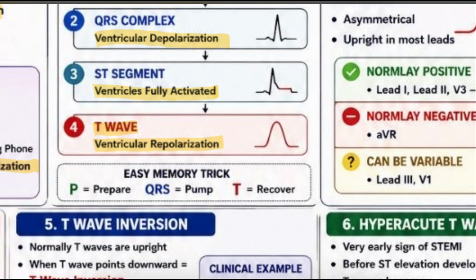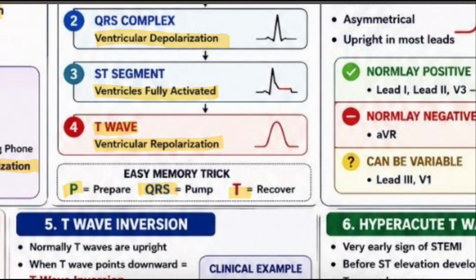We have one mnemonic: P, QRS, and T. P means preparing, that is atrial depolarization. QRS means pump, ventricular depolarization, and T means recover, ventricular repolarization. This is the sequence we have to follow.